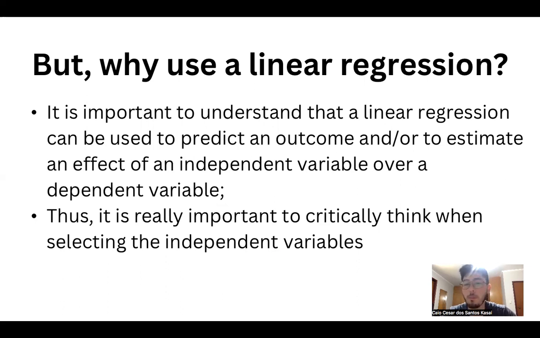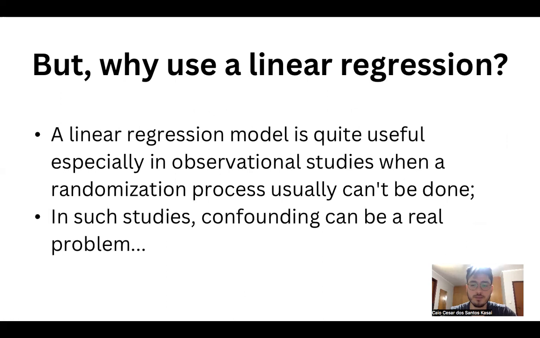Thus, it is really important to think critically when selecting the independent variables in the model, okay? And a linear regression is also quite useful, especially in observational studies, where randomization usually cannot be done, right? In such studies, confounding can be a real problem, and controlling for a couple of variables is really important. The linear regression is a tool for that, okay?